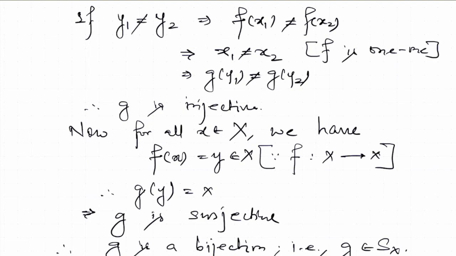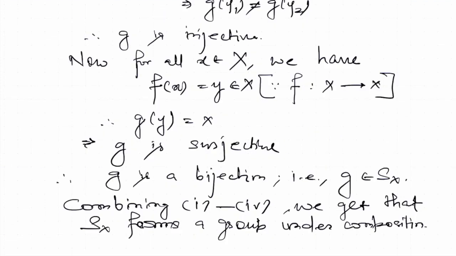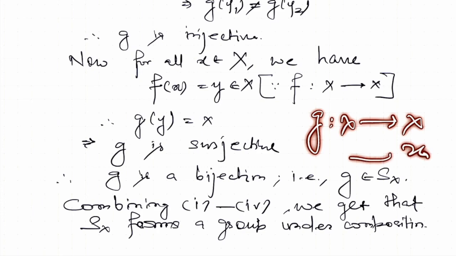Now for all x belonging to X, in the next part we will show that g is surjective. So what you have to do, you have to show that g from Y to X, if you take any x here, you will get a pre-image y. So we have to translate this into f because we are proving anything about g using the property of f.